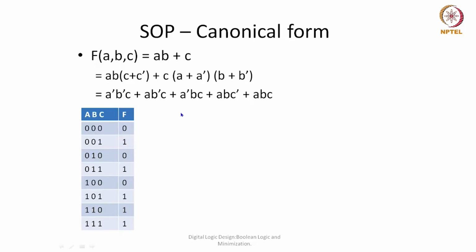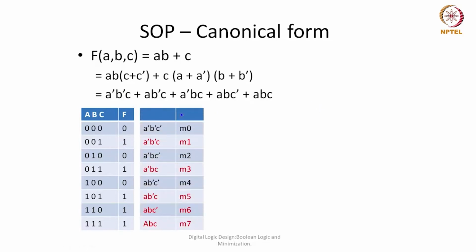So here let us see the min terms corresponding to all of these A, B, C. So for example, this row corresponds to A dash, B dash, C dash. If this particular min term is 1, that means my value of A is 0, B is 0, C is 0, then only the expression will give me 1.